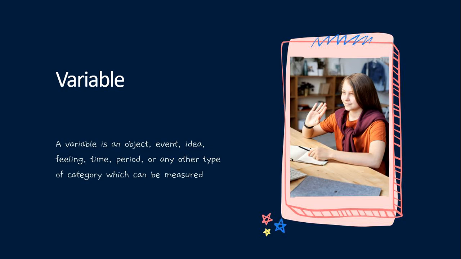What is a variable, class? It is an object, event, idea, feeling, time period, or any other type of category which can be measured. Can you give me an example? Okay, let me give you an example.